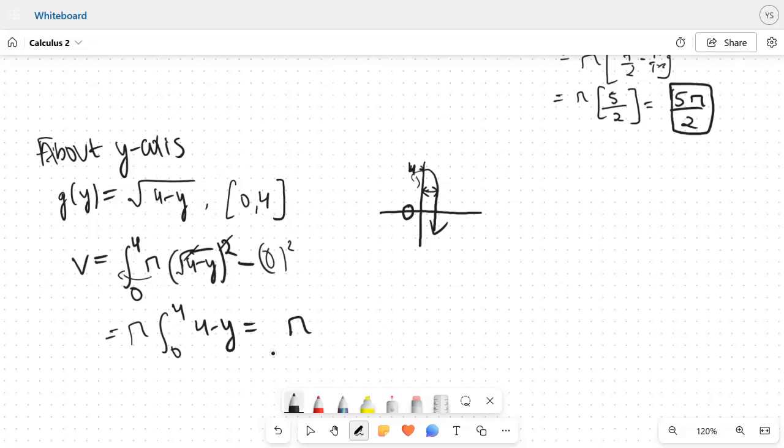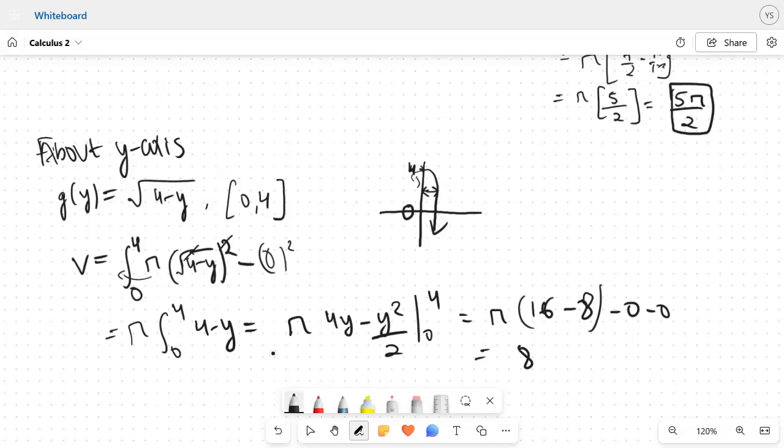Now if we solve the integral, it's going to be 4y minus y squared over 2 from 0 to 4. 4 times 4 is 16, minus 4 squared, which is 16, divided by 2 is 8, minus 0 minus 0. So in the end, that's going to give us 8 pi.